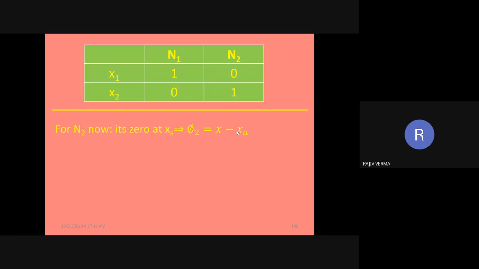And when you evaluate this expression at xb, what you get is xb minus xa, which obviously is not 1. Therefore, the last step is simply to divide x minus xa by xb minus xa, which is the required expression for shape function number 2.